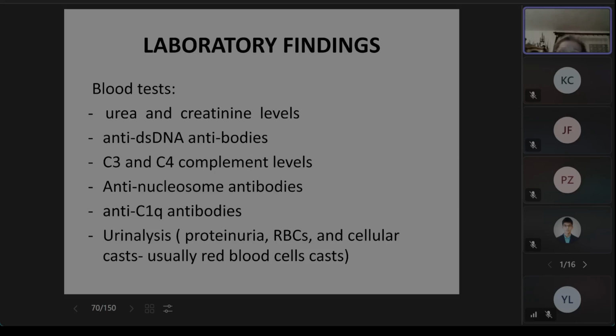We can also find red cell casts in urine analysis, together with erythrocytes, and sometimes some leukocytes. And because the culture of urine is, in the case of SLE, negative, this is why we say that it is a sterile pyuria.